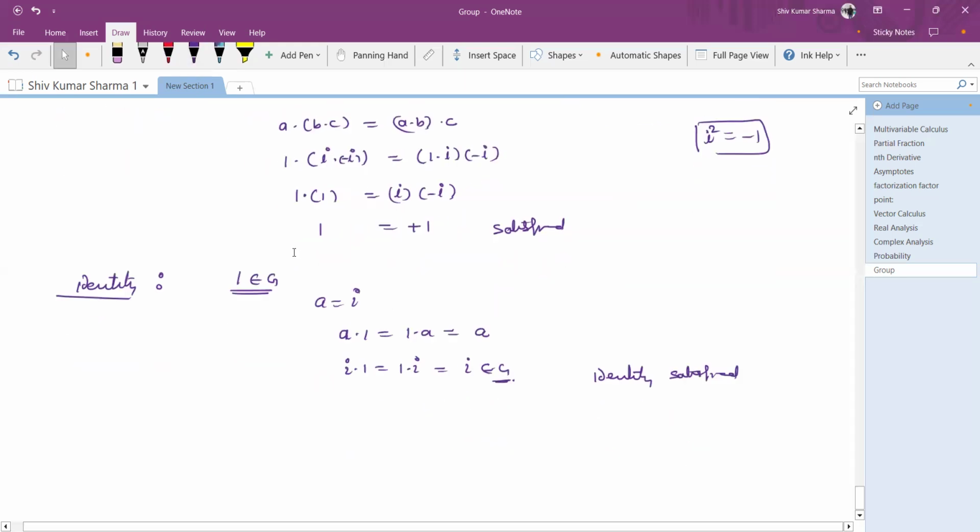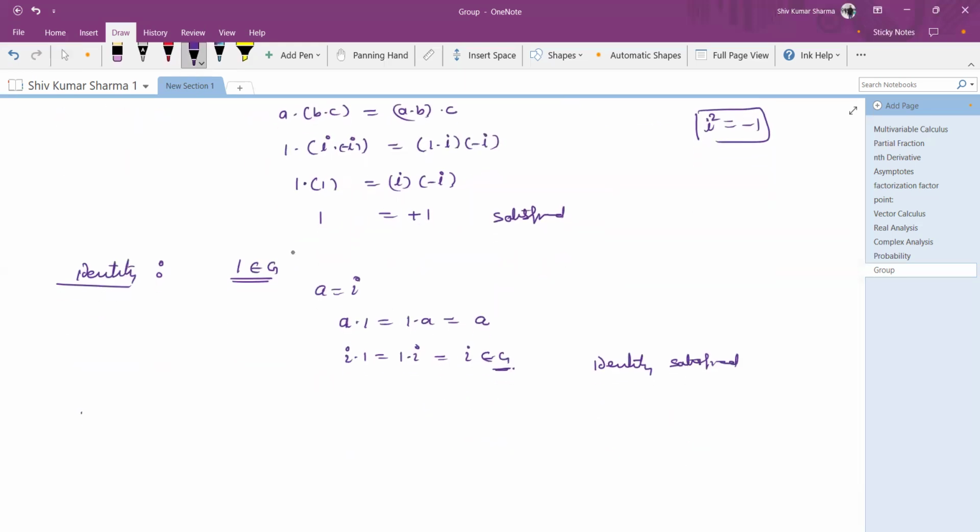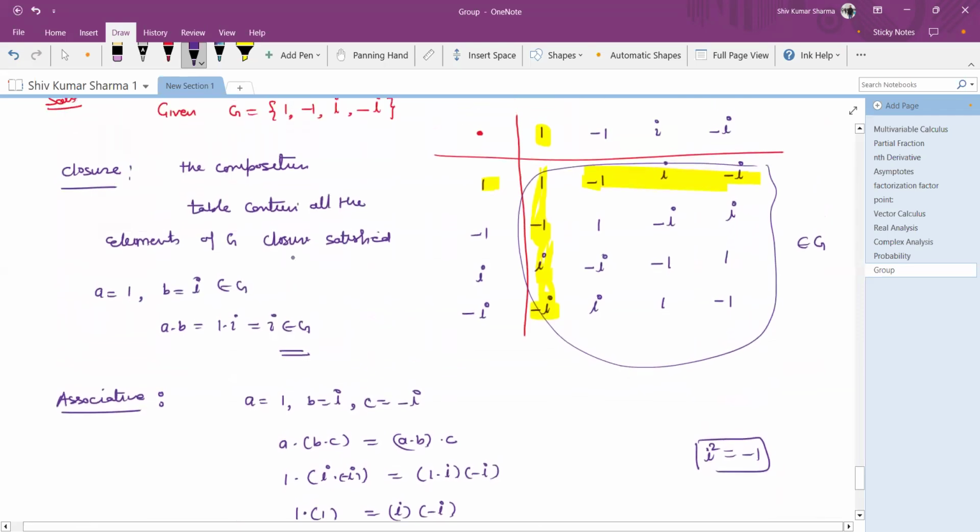Now we move to the fourth property, that is the inverse. So inverse means we have a into a inverse is equal to a inverse into a is equal to 1, means identity. Now, how to obtain the inverse? We can obtain it directly by using the identity. So here we circle the identity elements in the composition table.